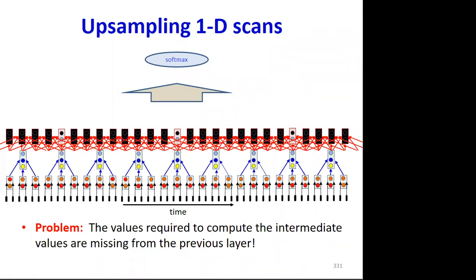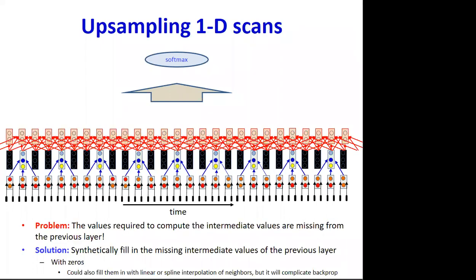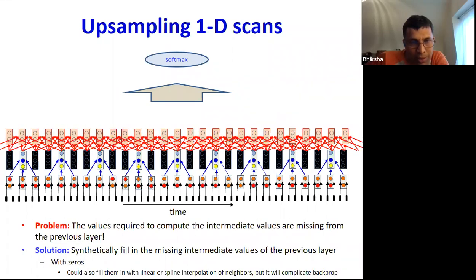You'd have a smaller stride initially. Okay, I can just introduce zeros, can I not? I can just introduce a bunch of zeros and say, now go ahead and scan. And you're going to get a larger scan, larger resolution output.